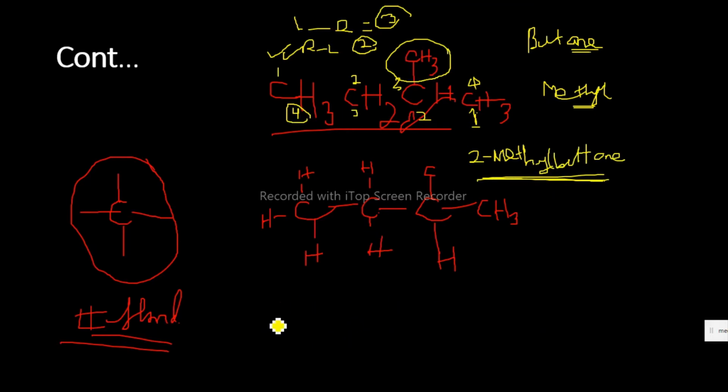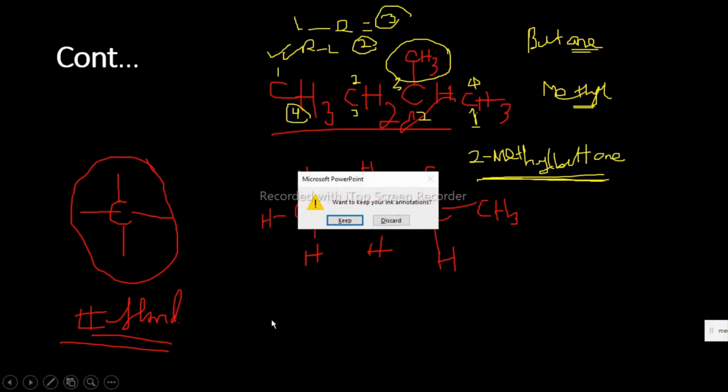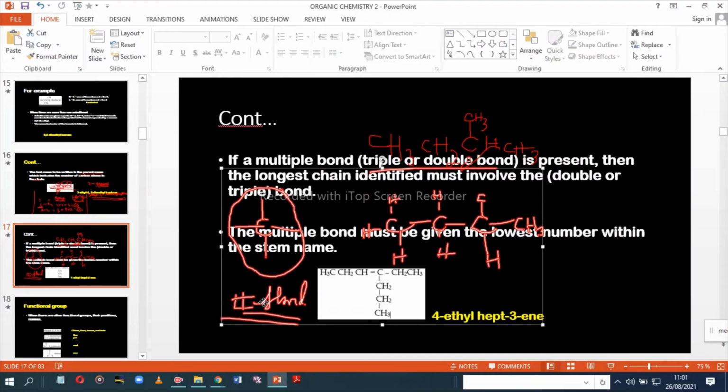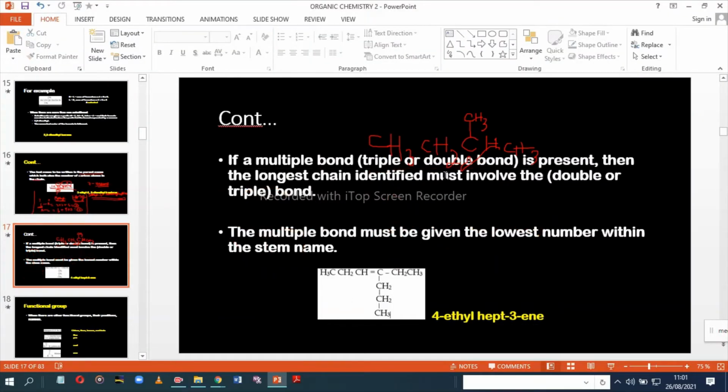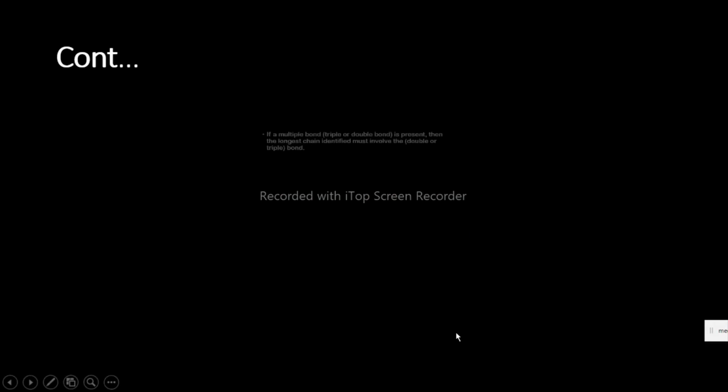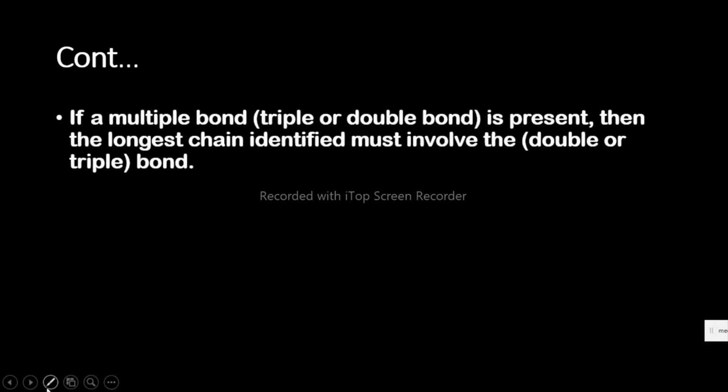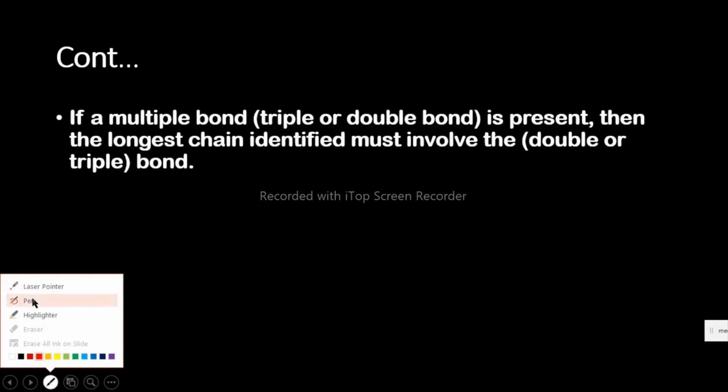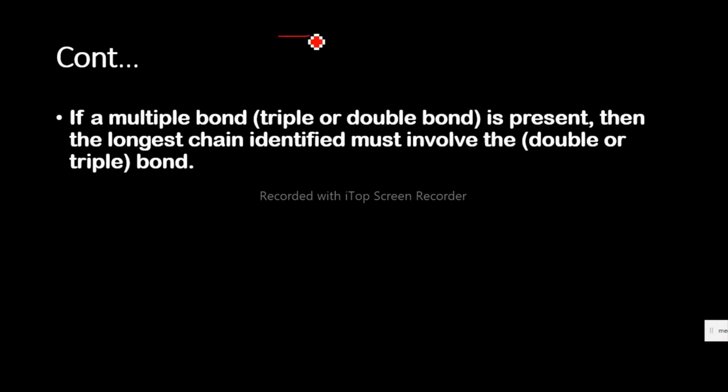Now how about in cases where there is a functional group? Okay, for example, this case that is coming. If a multiple bond is present, and a multiple bond can be a double bond, we call this an alkene.